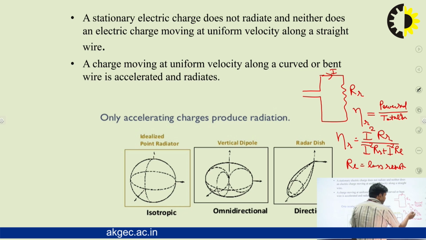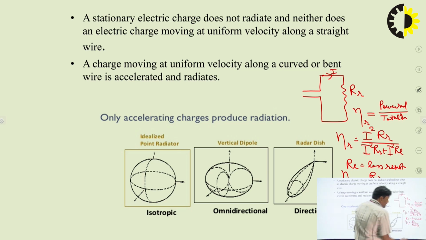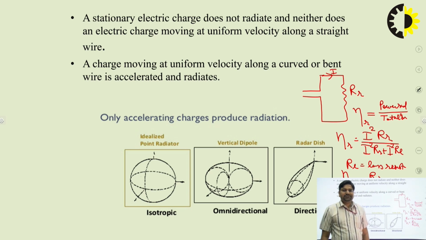So the radiation efficiency of the antenna is RR upon RR plus RL. Simply by calculating the radiation resistance and the loss resistance, we easily calculate the antenna radiation efficiency. A good antenna should have high radiation efficiency.